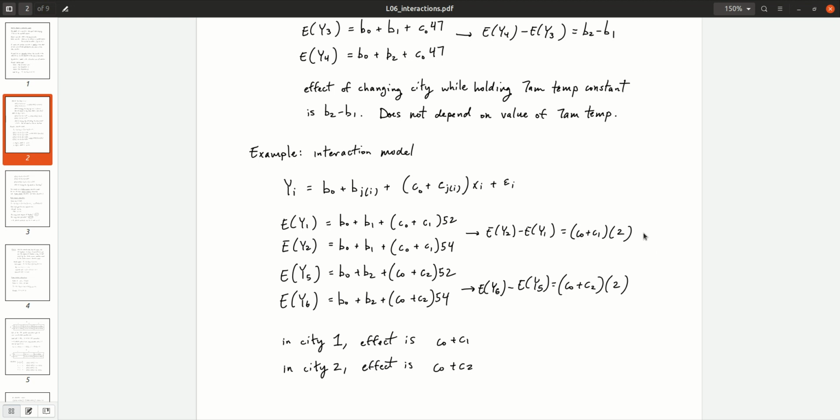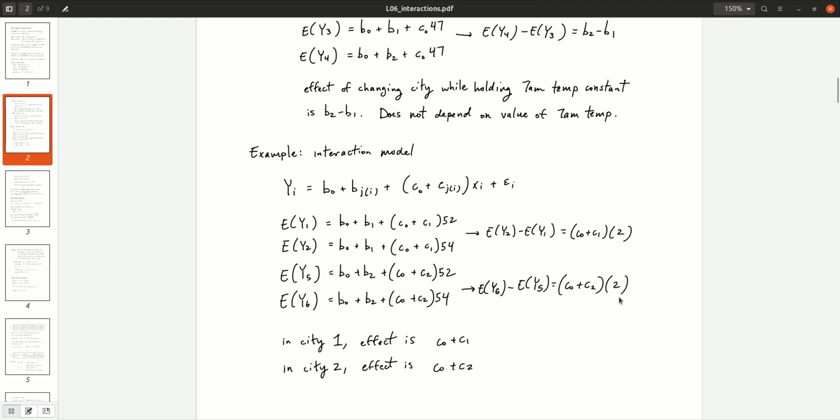Okay, if we compare these two differences, in the first city, the effect of changing it by 2 degrees is to change the expected response by C0 plus C1 times 2. And here it's something different. The effect of changing the temperature by 2 degrees in city 2 is C0 plus C2 times 2.